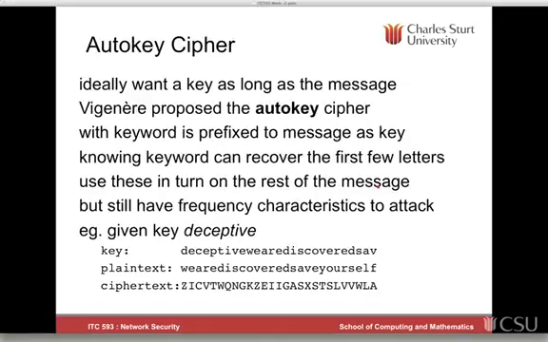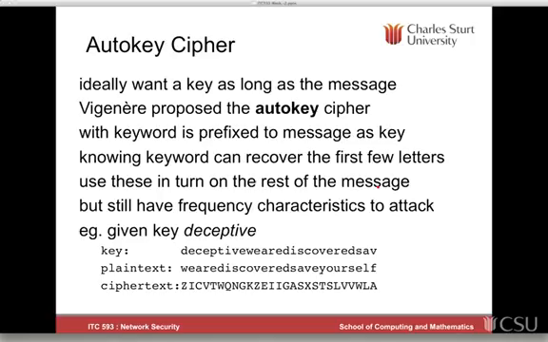Autokey cipher. This is another technique. Ideally, we want a key as long as the message. Actually, Vigenère proposed this autokey cipher, taking the polyalphabetic idea to the extreme: wanting as many different translation alphabets as letters in the message being sent.